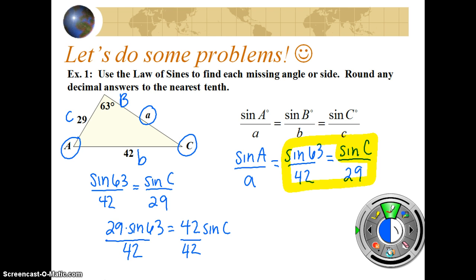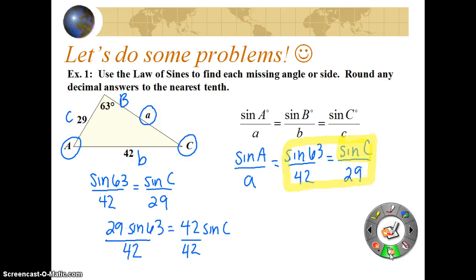Now what I'm going to need to do is figure out what 29 times the sine of 63 divided by 42 is equal to. Make sure when you enter this in your calculator that you do 29 times the sine of 63 equals, then divide by 42. I got that the sine of C is equal to 0.6152 and so on.